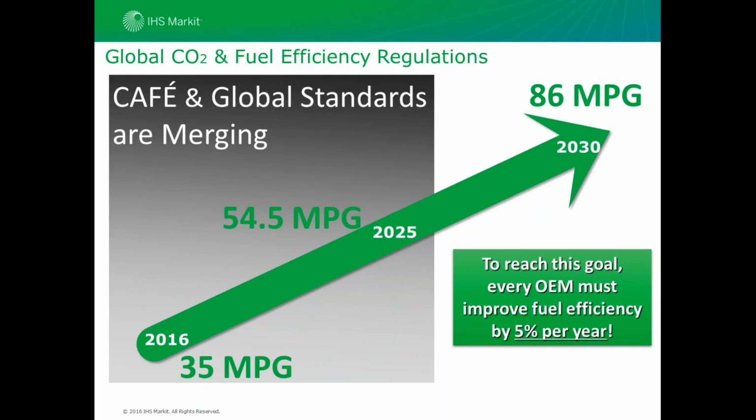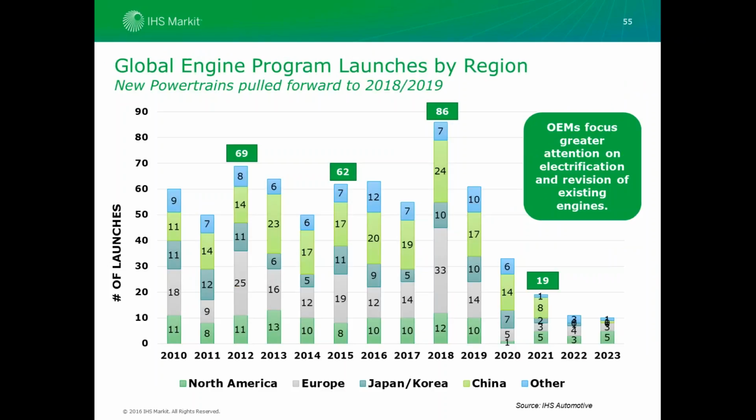That wasn't written in stone, it wasn't a regulation or law yet, but that's kind of where they were headed. But to reach these goals, every OEM needs to improve fuel efficiency by about 5% per year. And that's going to dictate some changes in technology and powertrains, and we'll take a look at that. But for the talk today, over the next couple of slides, we're going to focus in on 54.5 miles per gallon by 2025.